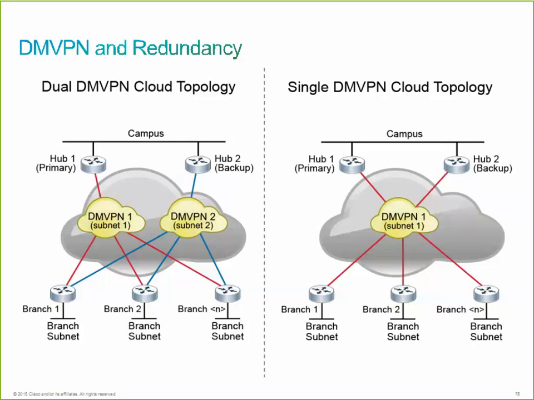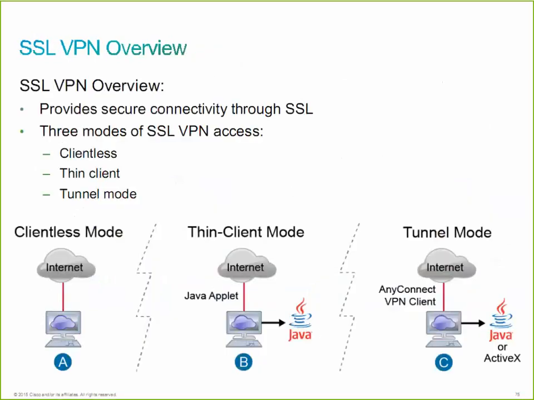All right? So I don't know that I would say one is better than the other. In my experience, having a single DMVPN cloud is probably preferred, but there are probably scenarios where a dual DMVPN cloud might be utilized. All right, so obviously we spent a lot of time on DMVPN.